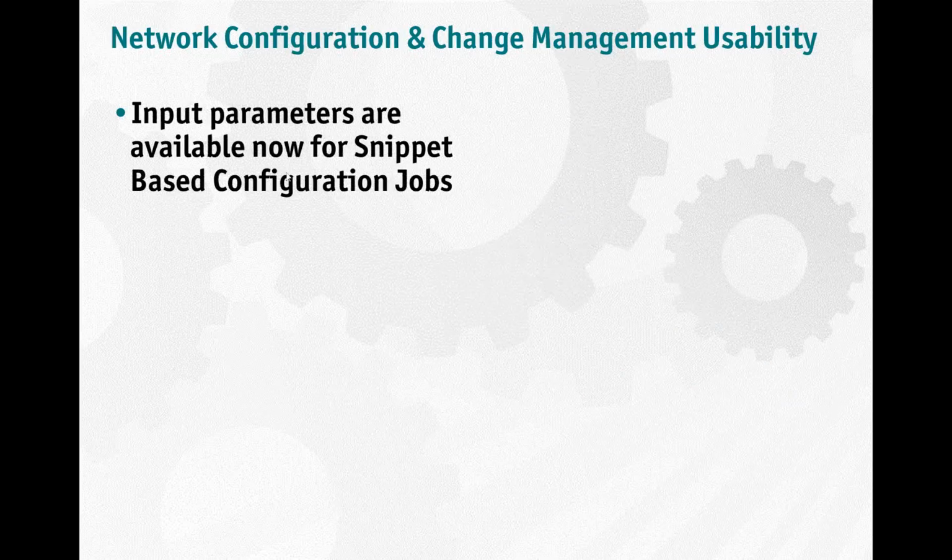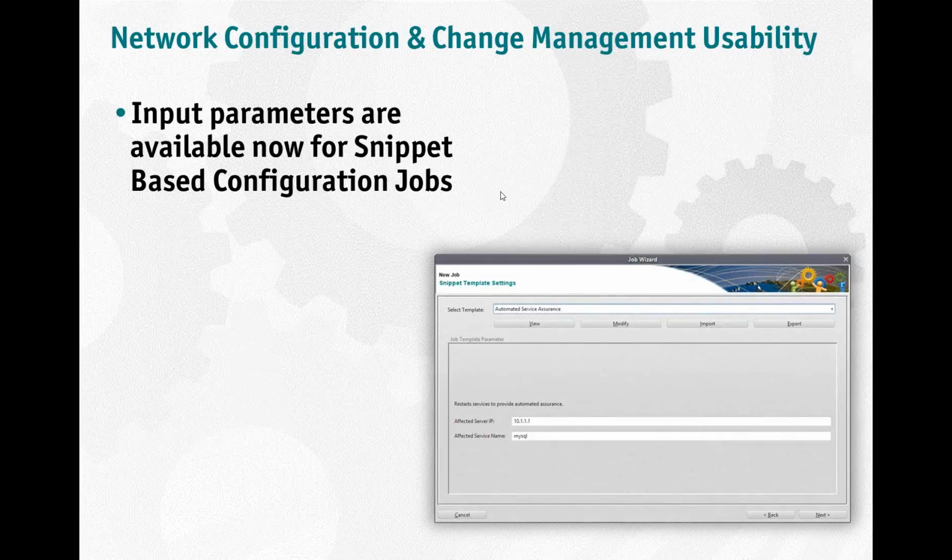Another feature we added to our snippet-based configuration jobs is that you are now allowed to use input parameters for your snippets. So what you can do is put in placeholders in your config snippets and then add a template to your snippet-based configuration job, which is also based on XML and corresponds to the templates you know from our template-based configuration jobs.